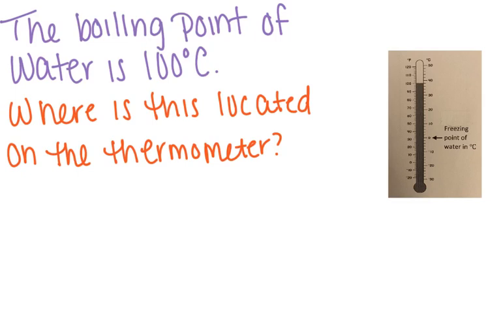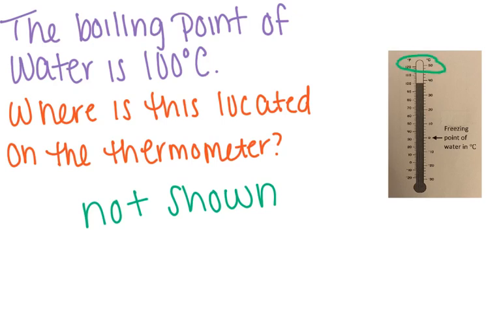Alright, no, this is not a trick question. The answer is not shown on a thermometer. As you can tell, our thermometer only goes to 50 degrees Celsius and 120 degrees Fahrenheit, so that means that our 100 degrees Celsius is not shown on the thermometer.